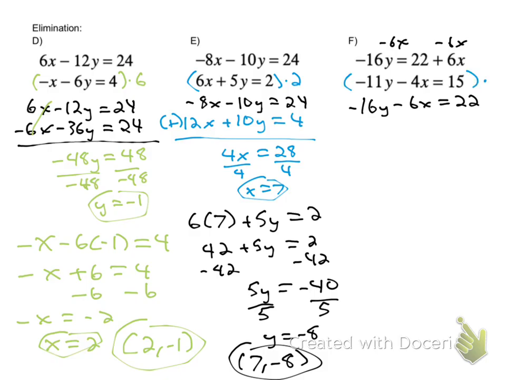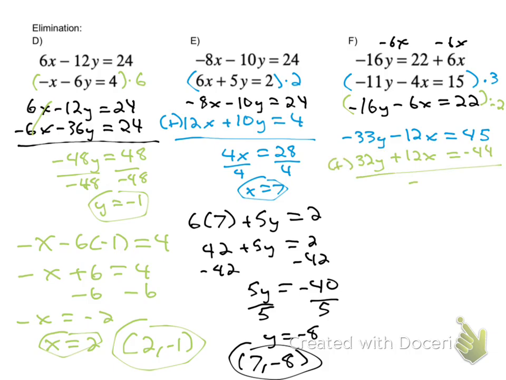So I'm going to multiply that first one by 3, which will give me -33y minus 12x equals 45. Second one, I'm going to multiply by a -2, which will give me a positive 32y plus 12x equals a -44.